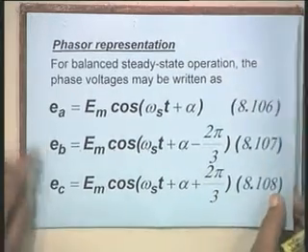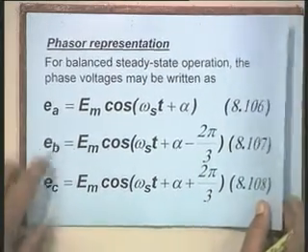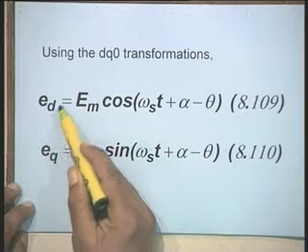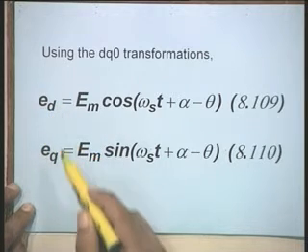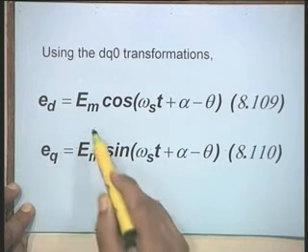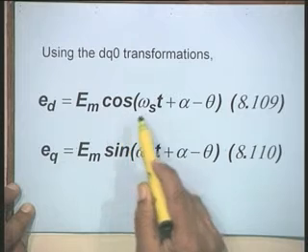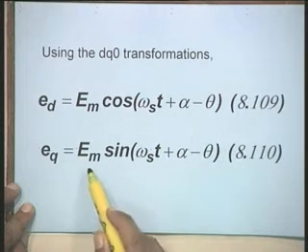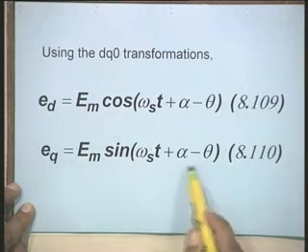Now, you apply the dq0 transformation to these equations. When you apply it, you will get the d axis component ED and the q axis component EQ as Em cos(omega s t plus alpha minus theta) and Em sin(omega s t plus alpha minus theta).